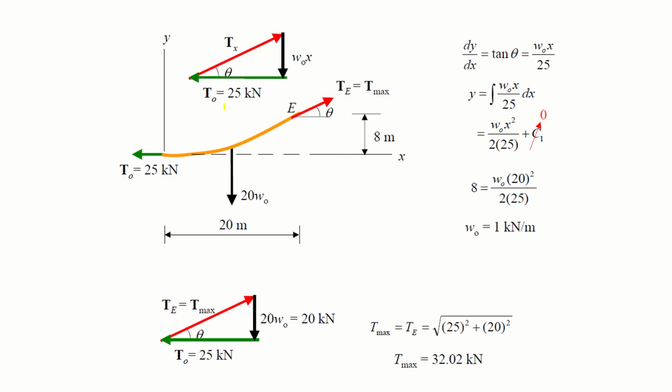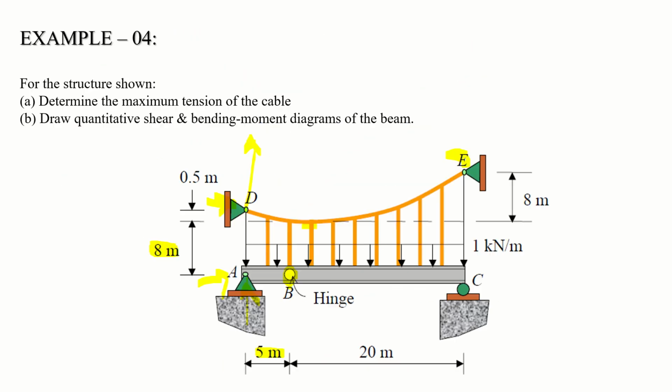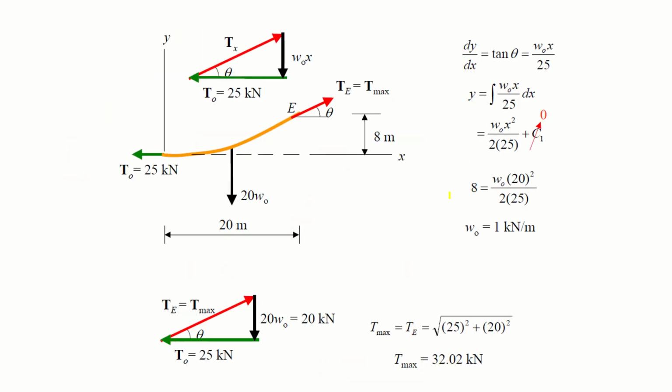Now taking the longest segment, this 20-meter segment, from this point to this point, we know the 20 into W naught. Why? Because the span length or horizontal projection is 20 and the load is 1 kilonewton per meter, so it is 20 into W naught. And we also know the T naught from the previous slide, which is 25 kilonewton.